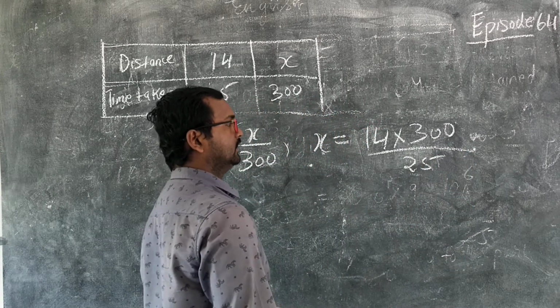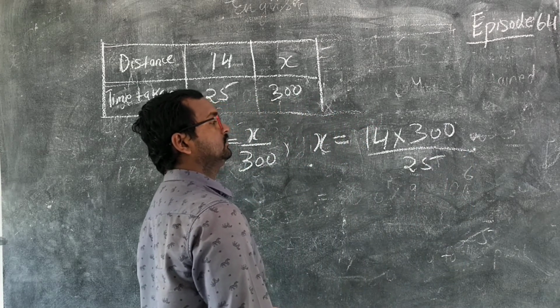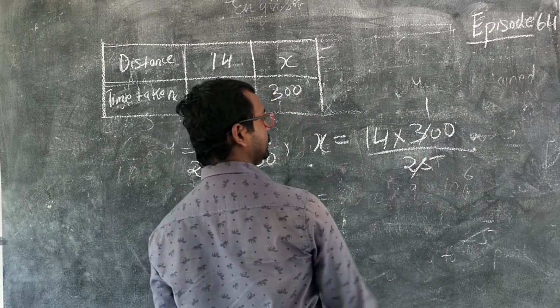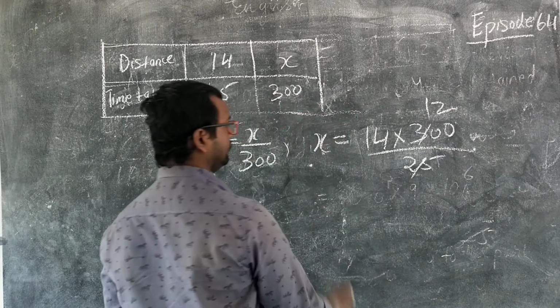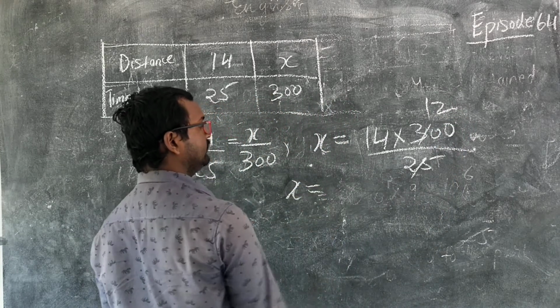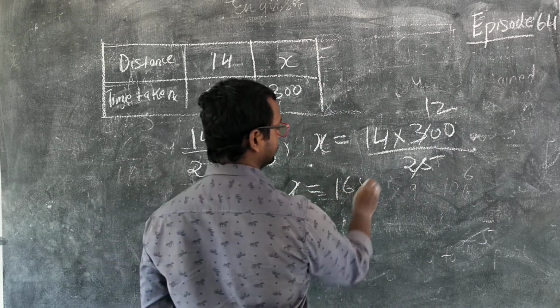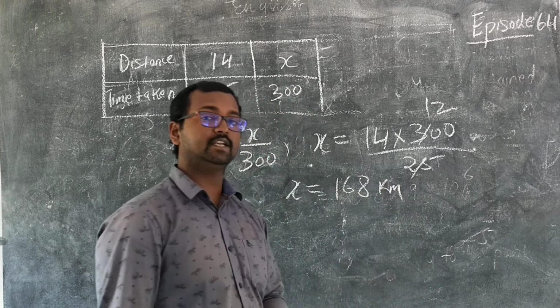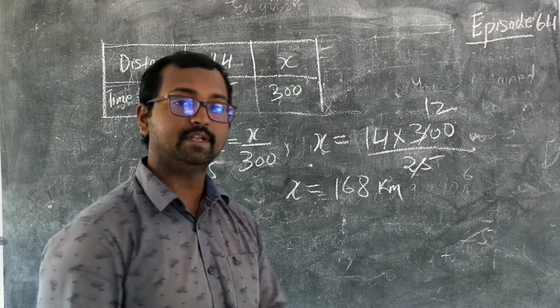If you divide 300 by 25, we will get 12. So we will get x is equal to 14 into 12, which is equal to 168. 168 kilometers can be traveled in 300 minutes.